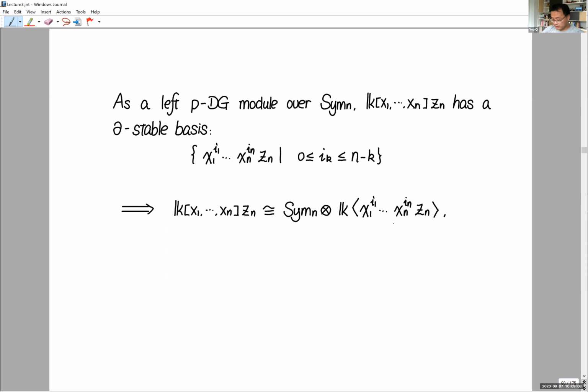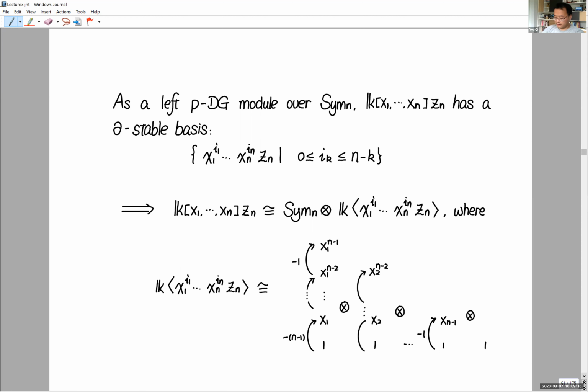This collection of basis elements is D-stable, and you can compute its cohomology or analyze its PDG structure. You see that this is just a tensor product, corresponding to each individual variable.